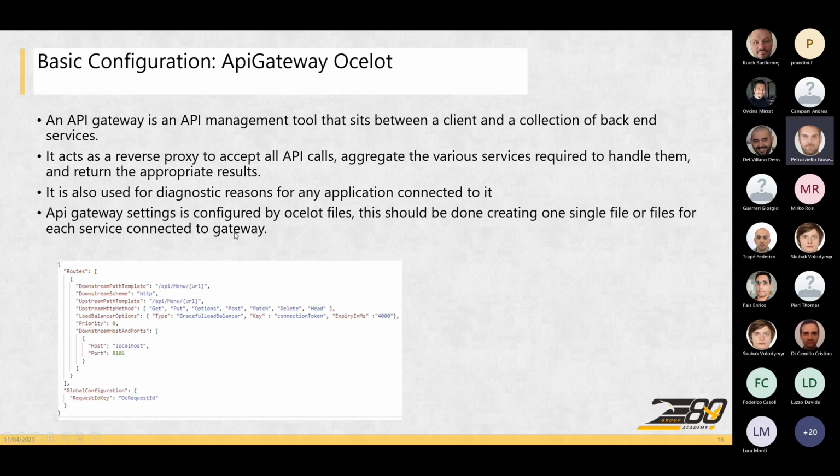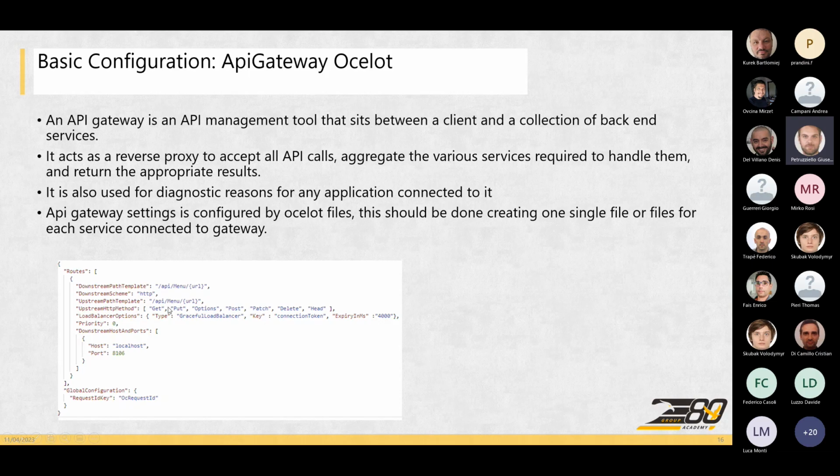So for each BFF API that you can see in IIS, we have a specific Ocelot file in a specific folder of the API gateway named Ocelot, and this is the type of Ocelot file. We have the downstream path template, so the path called by the API gateway, and the upstream path template, which is related to the incoming request.